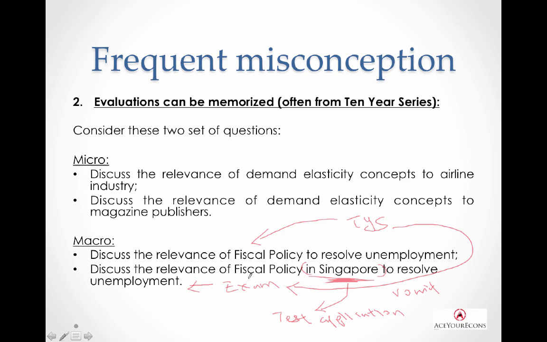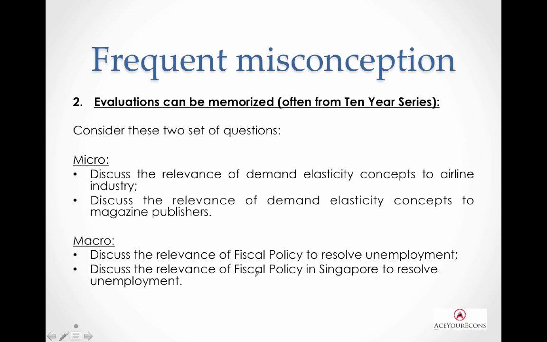But there is a trick to this question. If you happen to memorize this question, and this question comes out, and you reproduce it exactly in the exam, you will get an A. Why? Because the first question did not state the exact situation or context.